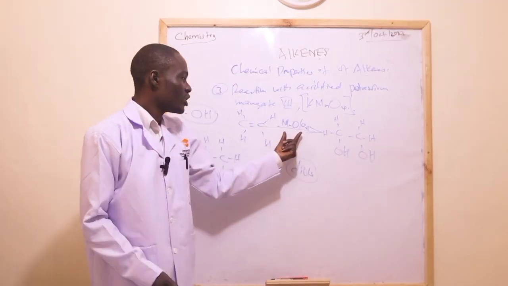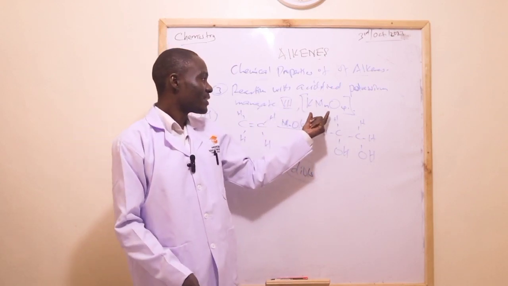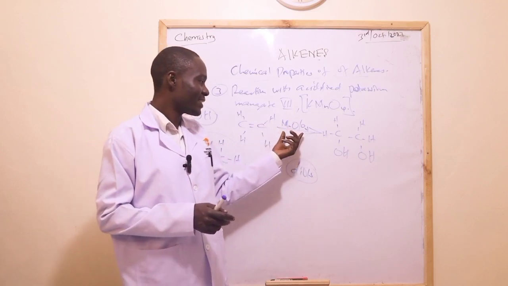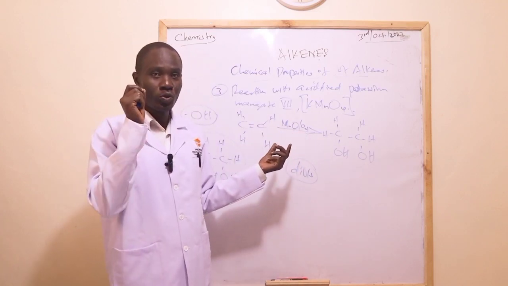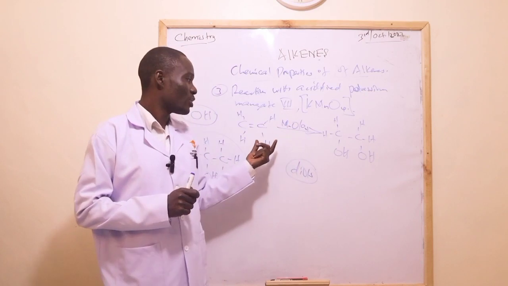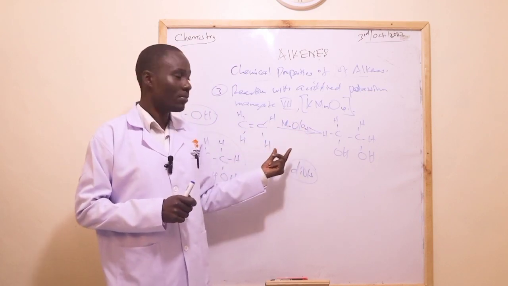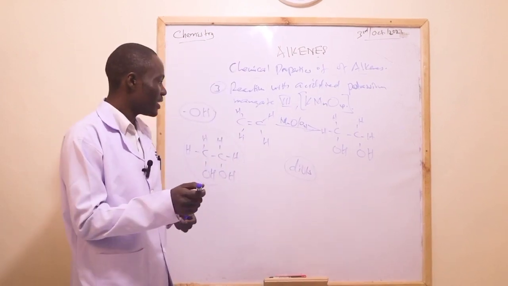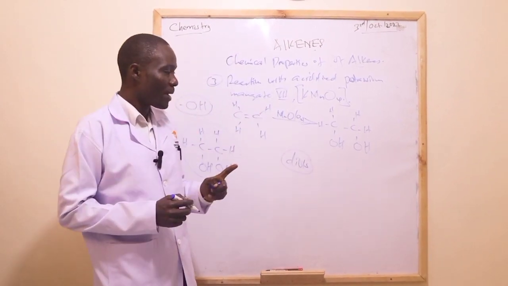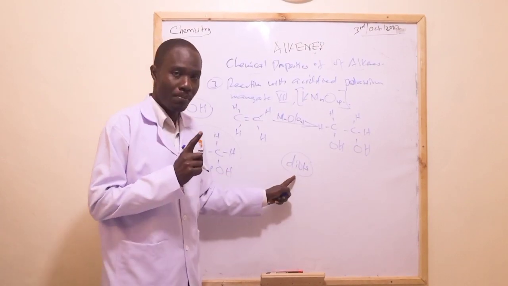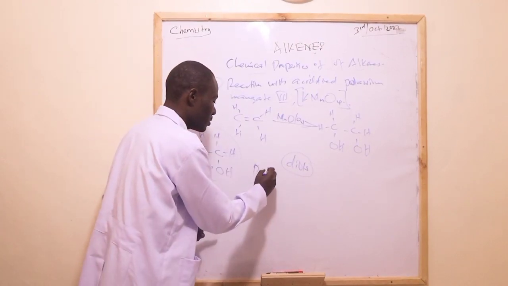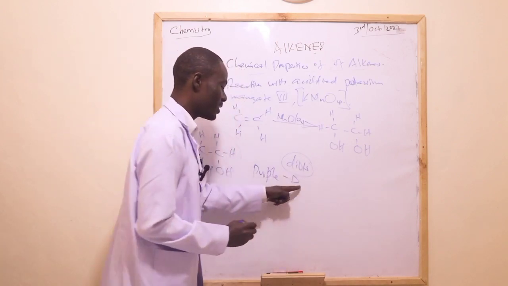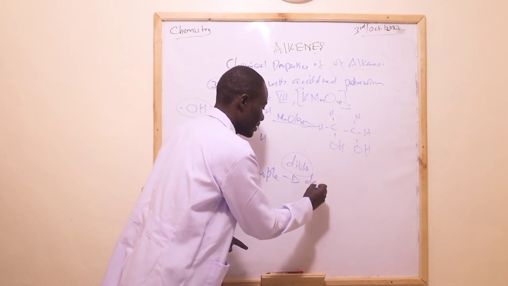Since this reagent has been acidified, remember that any acidic substance is able to emit hydrogen ions, which will react with oxygen ions to form the hydroxyl group that will be added onto this. So what will happen is that the purple manganate(VII) solution will be decolorized.